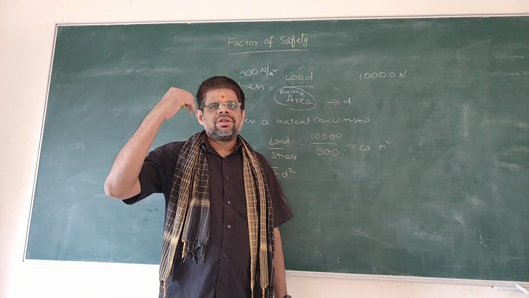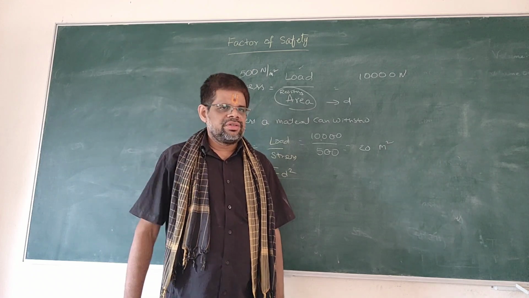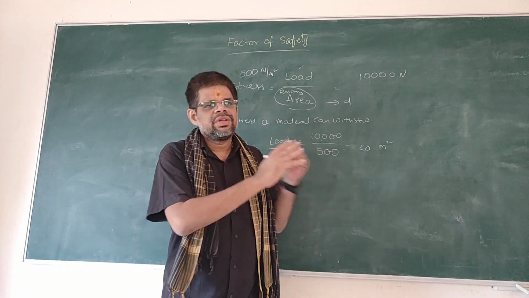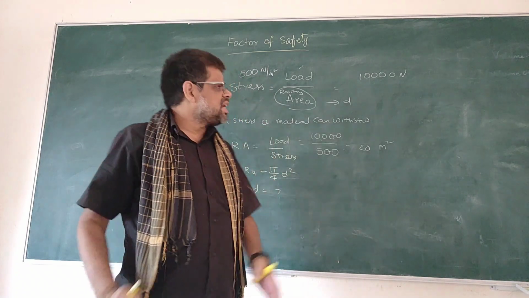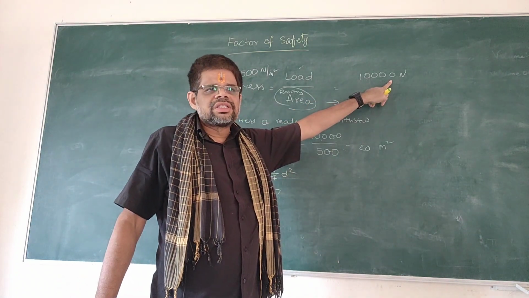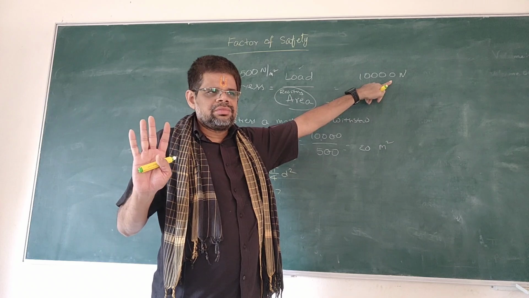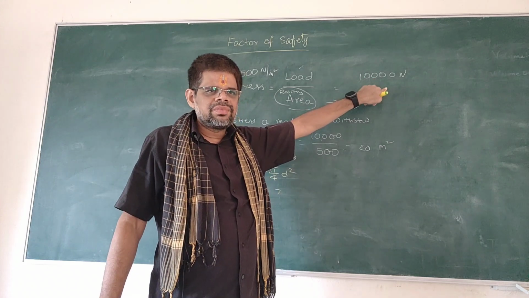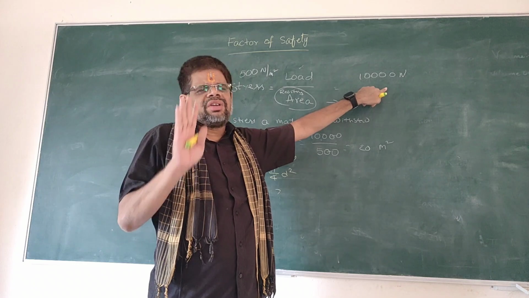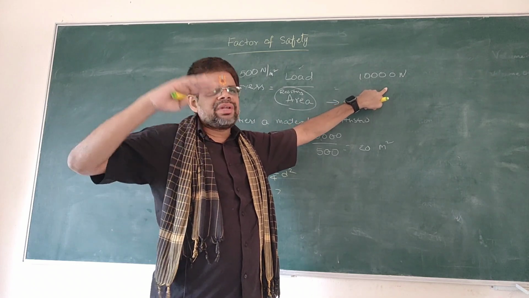You have manufactured a component and it was put into use. So it can work safely as long as the load is 10,000 newtons. Fine. But do you expect that the load will be 10,000 every time? No, sir. You know that. You have an idea that the load can be a maximum of 10,000.